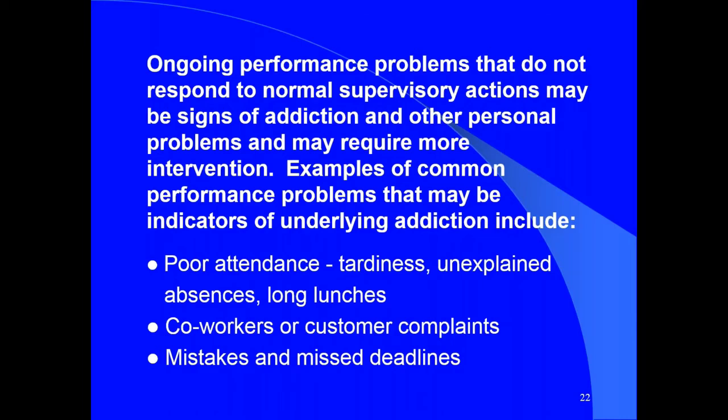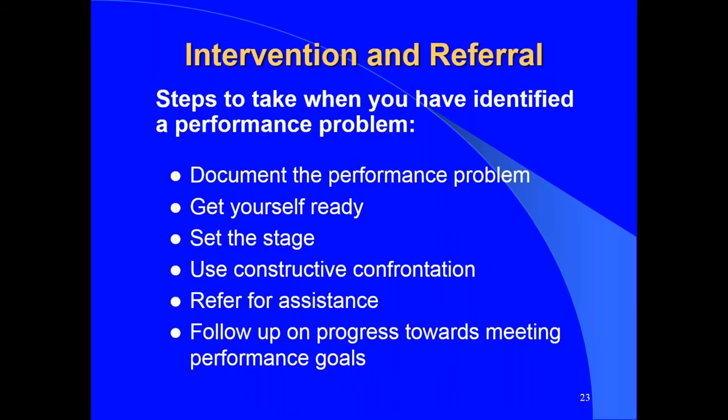Examples of common performance problems that may be indicators of underlying addiction include poor attendance, tardiness, unexplained absences, long lunches, coworker and customer complaints, mistakes, and missed deadlines. Then, intervention referral. You want to think about this when you're developing your substance abuse policy.